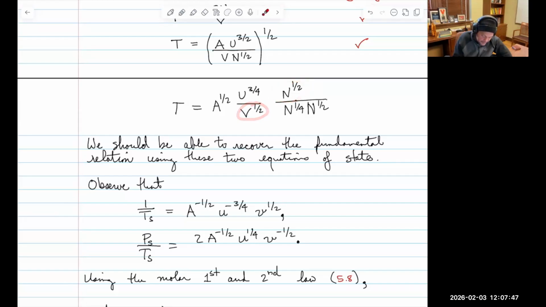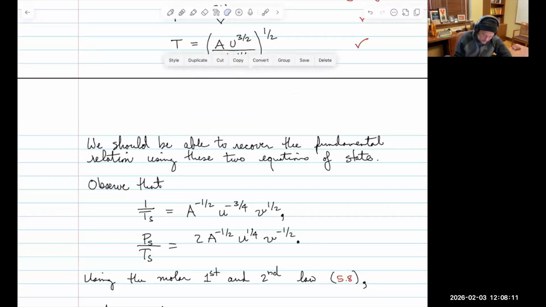When I combine it with this term, I'm going to get lowercase v to the 1/2 on the bottom. This is going to be N to the 3/4. When I combine it with U to the 3/4, I get lowercase u to the 3/4 on top. Now invert that to get the temperature, 1 over the temperature, and we get this equation. Okay. All right, so good. Breathe a sigh of relief. My math seems to check out.